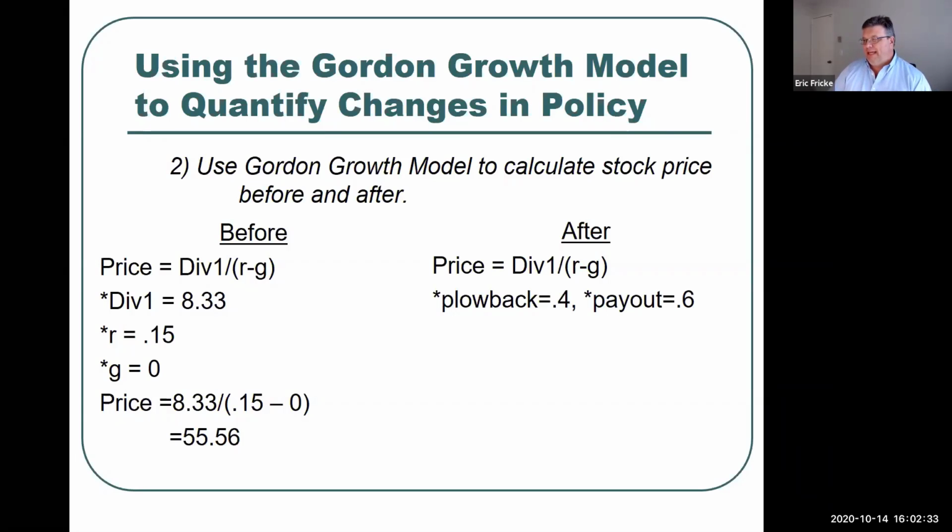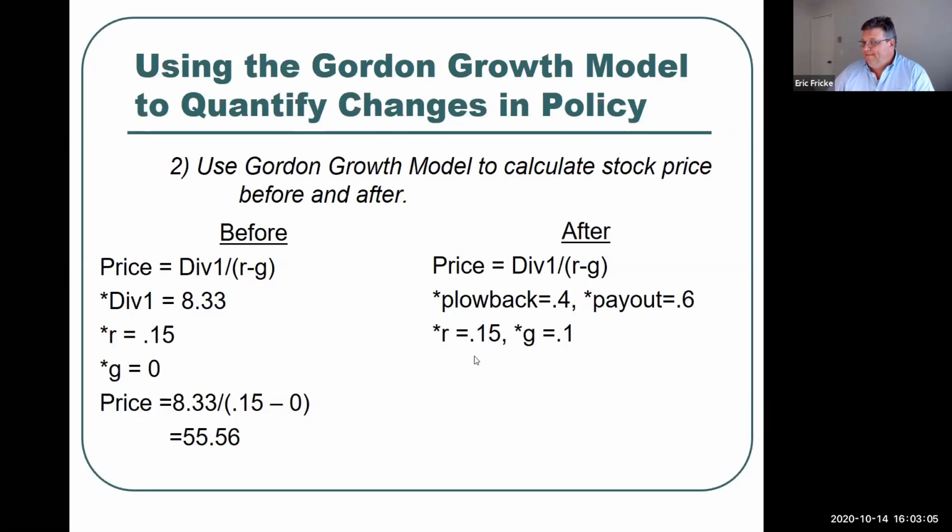We know that the plowback was changed to 0.4, and we saw how if the plowback is 0.4, the payout must be 0.6, because payout and plowback always add up to 1. So that means the dividends are going to be 60% of earnings, because that's how the payout ratio is defined. If you look at your slide two slides ago with the equations.